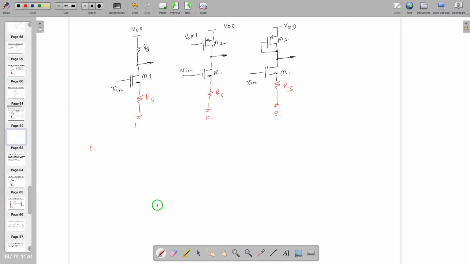Zout remains the same, right? More or less. So Zout for this one is RO1 in shunt with RD. This one is RO1 in shunt with RO2. RO1 in shunt with RO2. RO1 in shunt with RD.